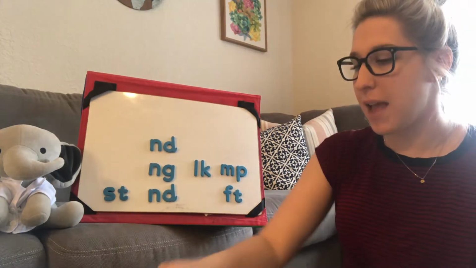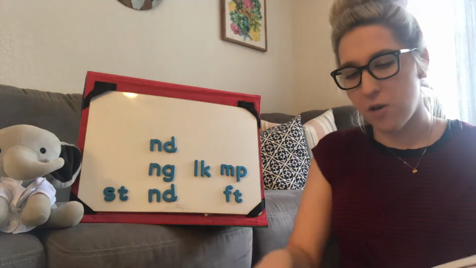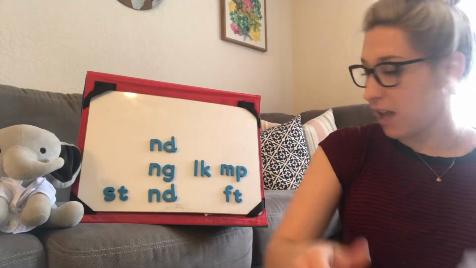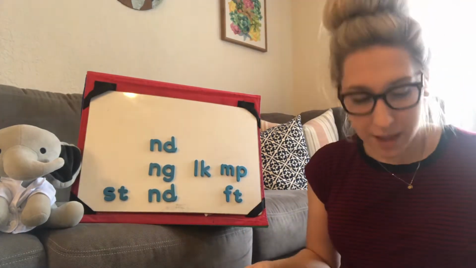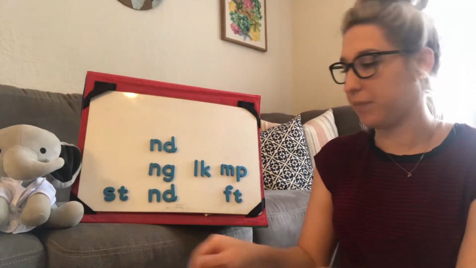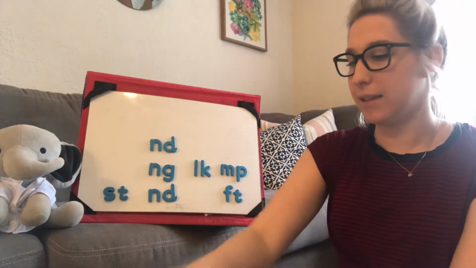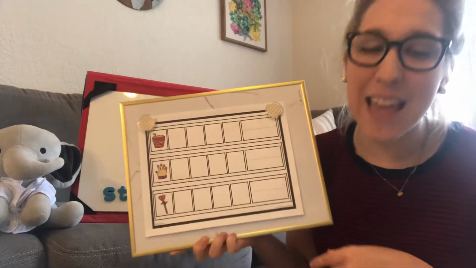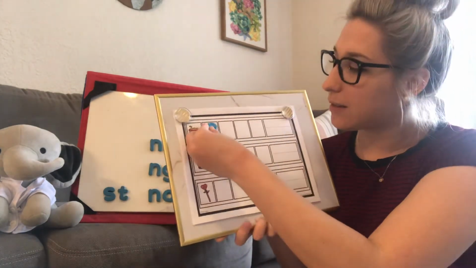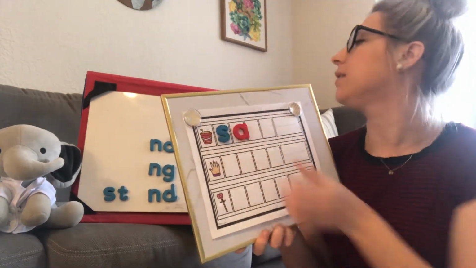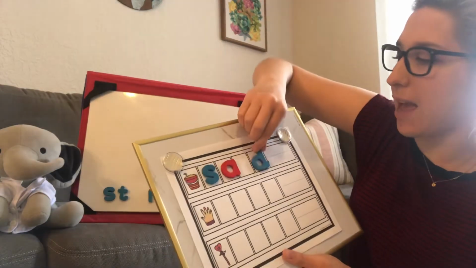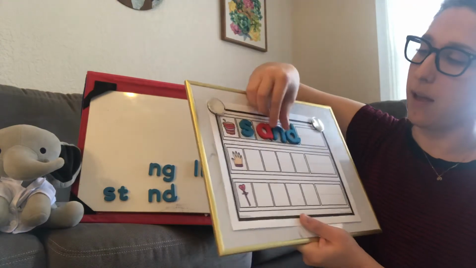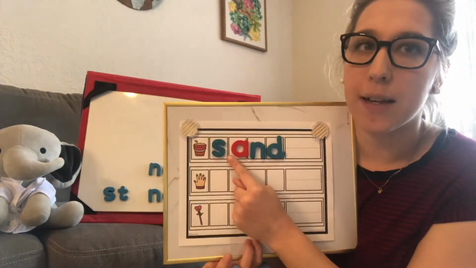Okay, up next we have quite a few words that have these NG and ND blends. Let's look at this one. This is some sand. You'll notice with the ND, at least when it has the A vowel, it also has our sight word and in it.